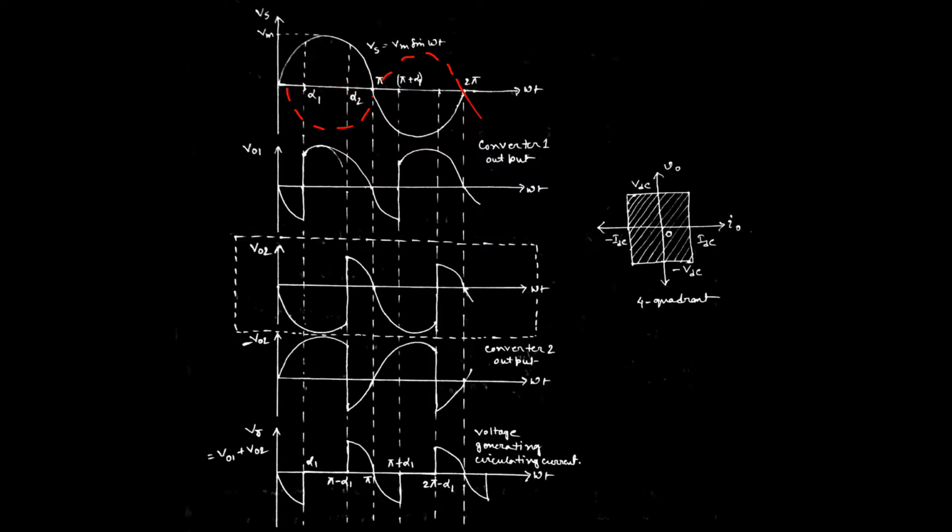That is why the total output voltage for converter 2 is this one. After that, it starts conducting again until we apply the next triggering pulse for the next half cycle. That can be reflected from this pattern also.